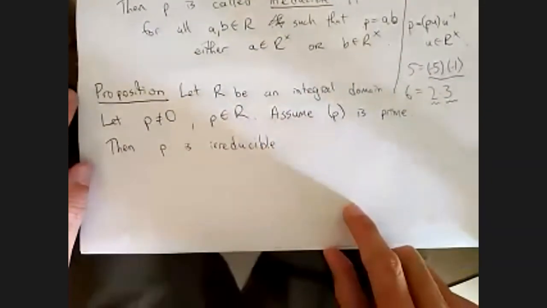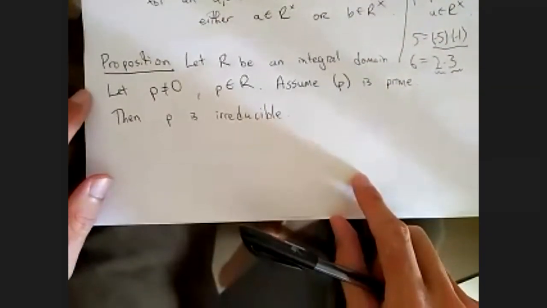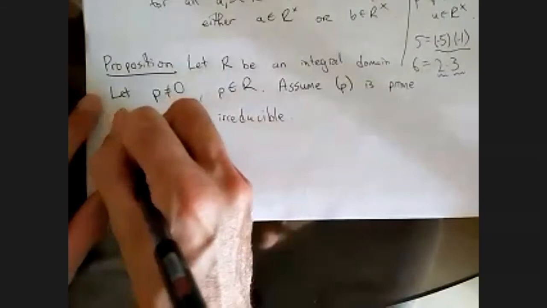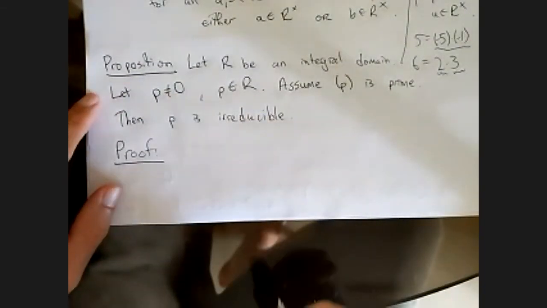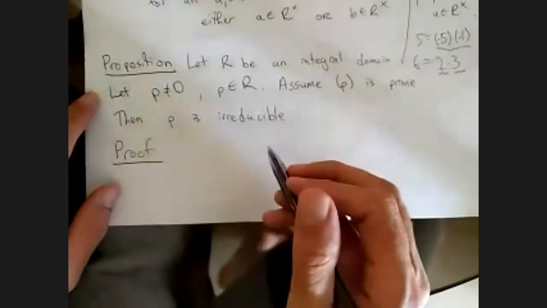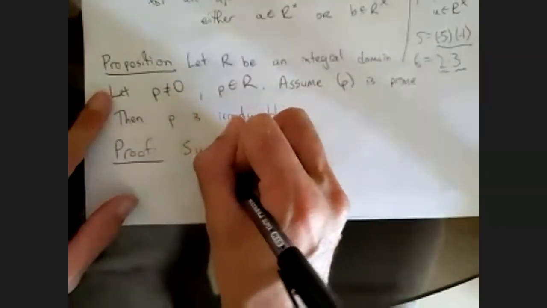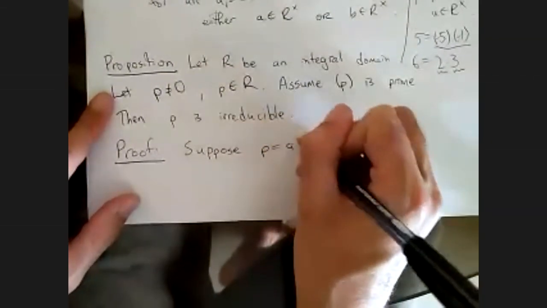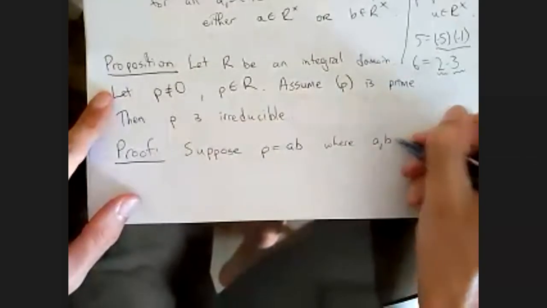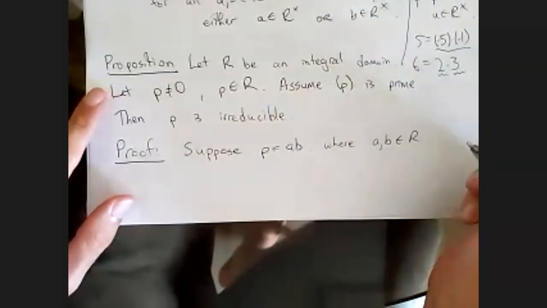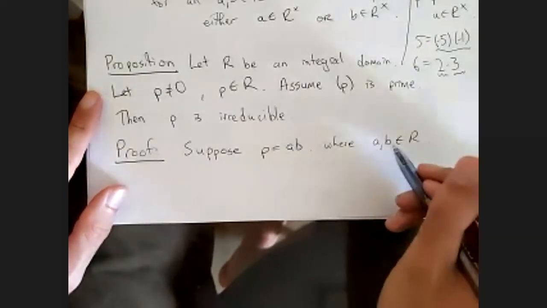Okay, so let's prove this. Let's see what we have to do. P is chosen according to our hypotheses, and suppose P equals A times B, where A and B are in the ring. We have to show that either A is a unit or B is a unit.